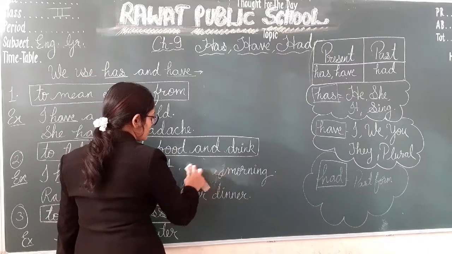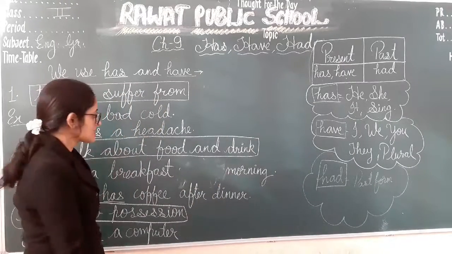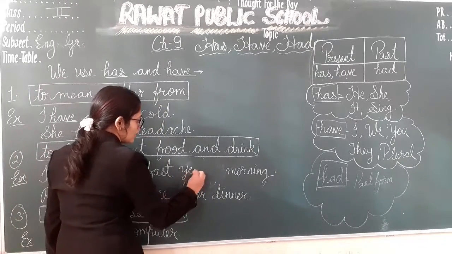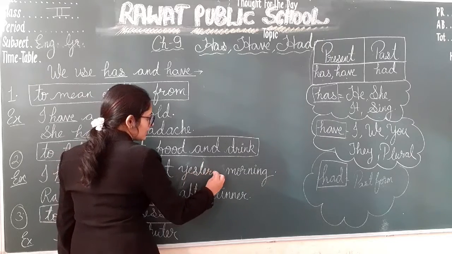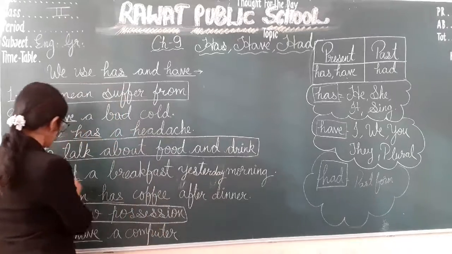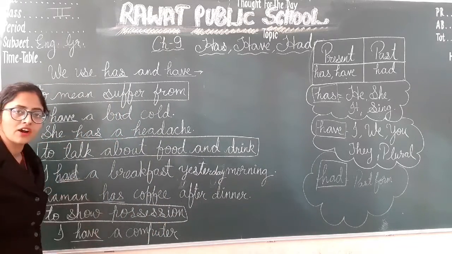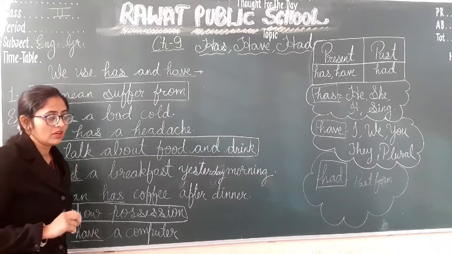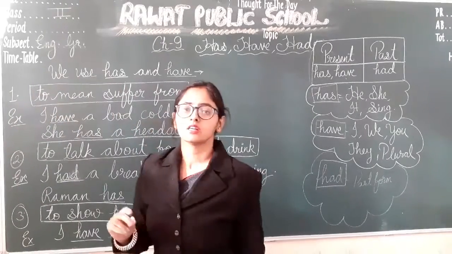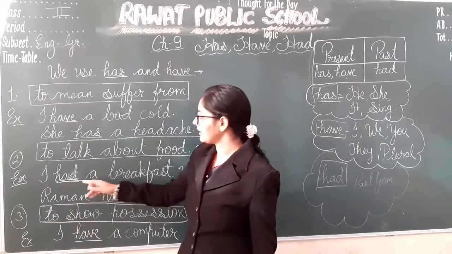Yesterday means हम पुरानी बात कर रहे हैं, और जब हम पुरानी बात कर रहे हैं, पहले की बात कर रहे हैं, means that is the past form. और जब आप past form यूज करेंगे तो कौन सा यूज होगा साथ में? Had. I had a breakfast yesterday morning. I had a breakfast. कल सुबह मैंने ब्रेकफास्ट किया था. Then it will be I had.